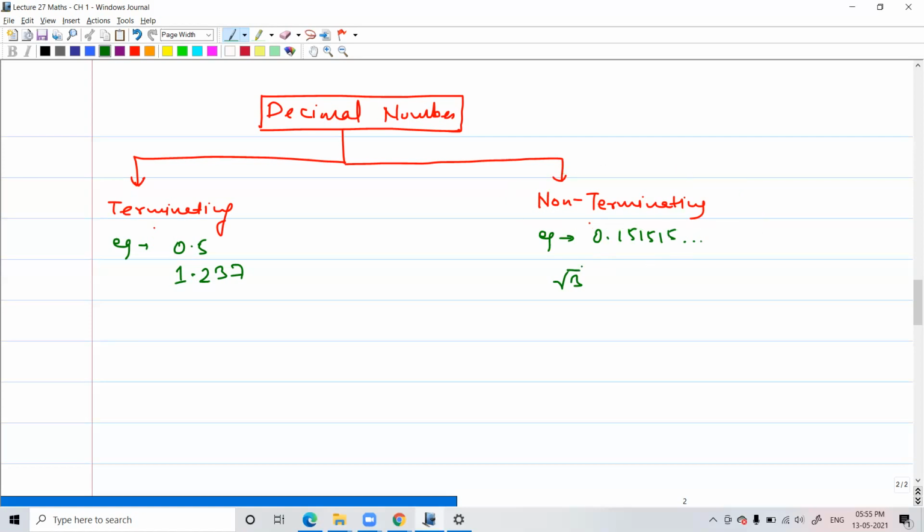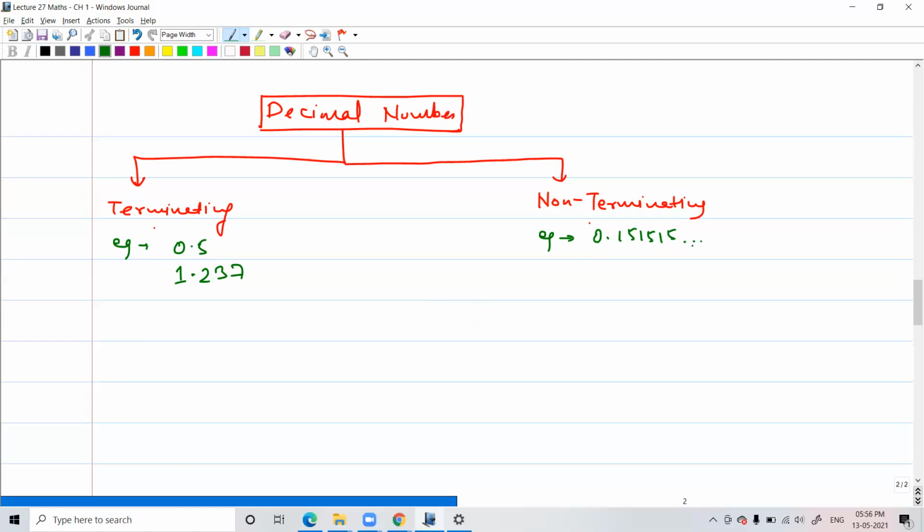Yes, it is non-terminating. That is true. But don't give me an example like root 3. You should give me examples in the decimal form. Yes, the decimal expansion of root 3 will be non-terminating. That is correct. Whatever you said is right. But as of now, I want the decimal form. So give me some numbers in the decimal form.